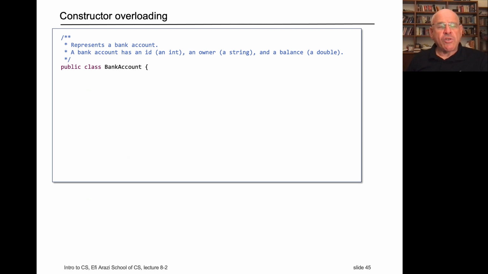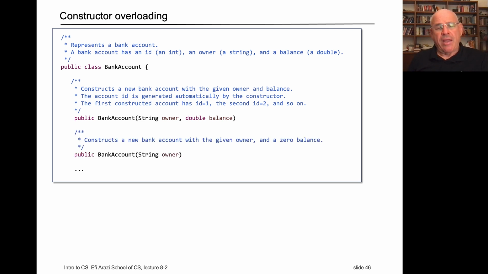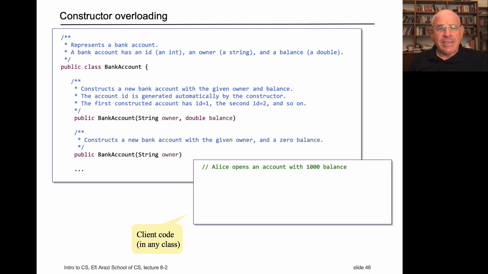All right, so as usual, let's take it one step at a time, and let's look at the constructors. I have this constructor, which operates on owners and balances and returns a new bank account. I have this constructor, and let's see how we use them. So Alice opens an account, and she begins by depositing 1,000 shekels. So here is the statement.